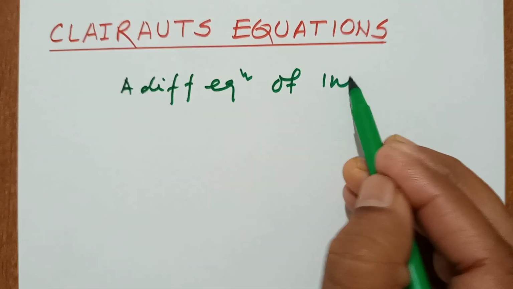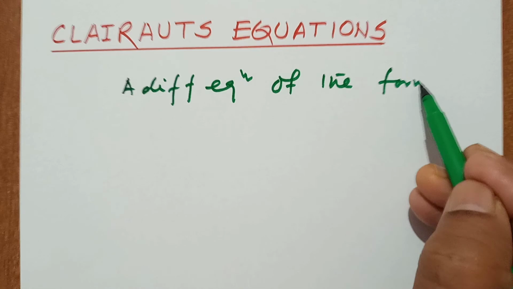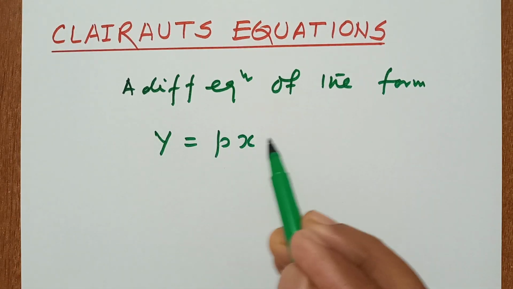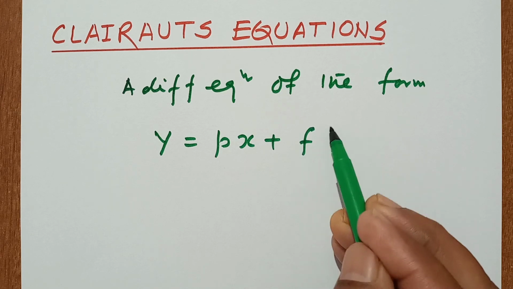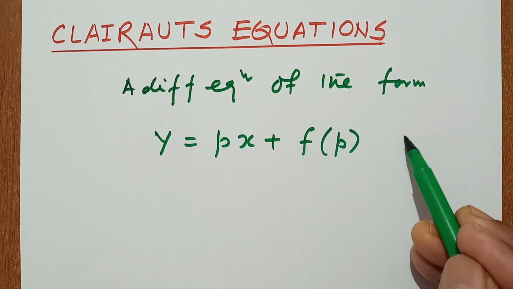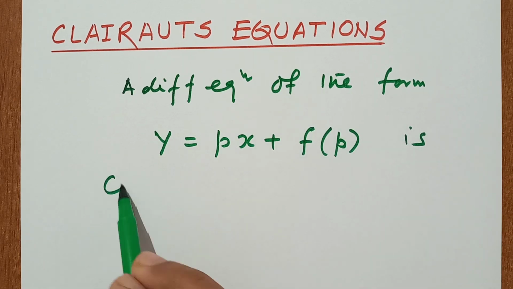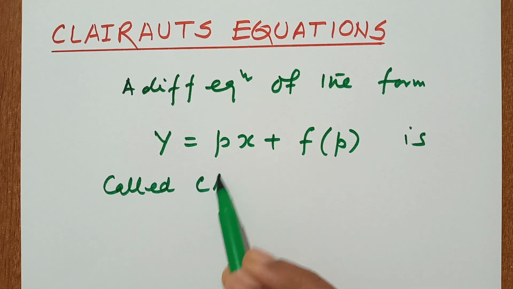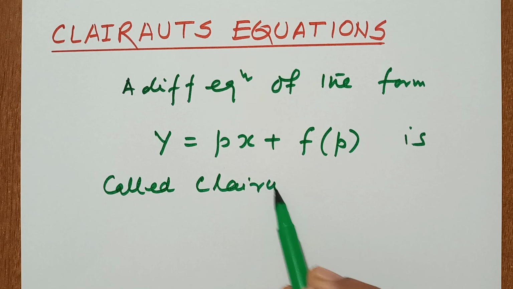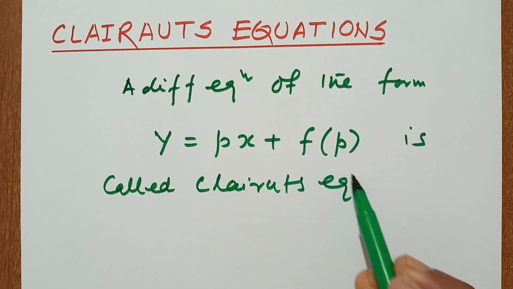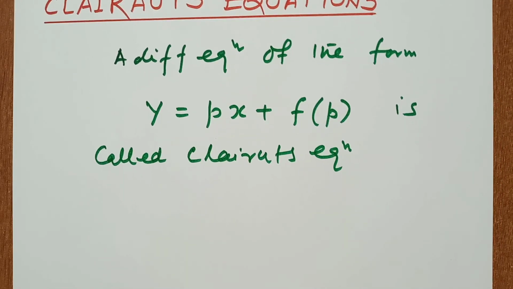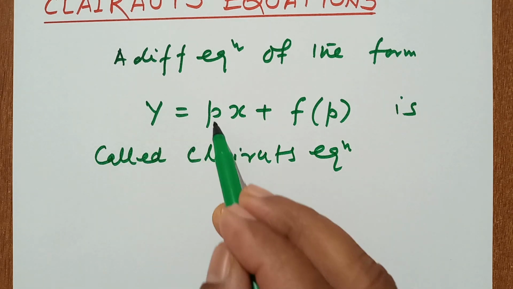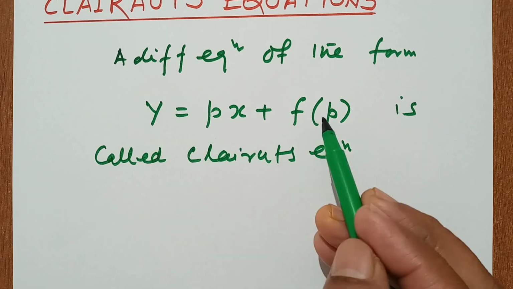A differential equation of the form y = px + f(p) is called Clairaut's equation. Okay, so it is important that on the left-hand side there is y, and on the right px plus a function of p.